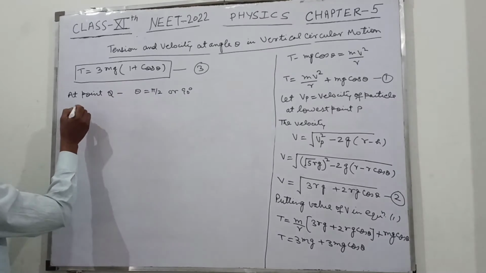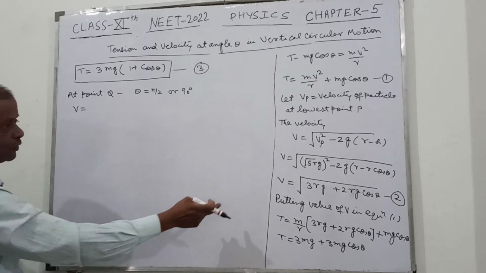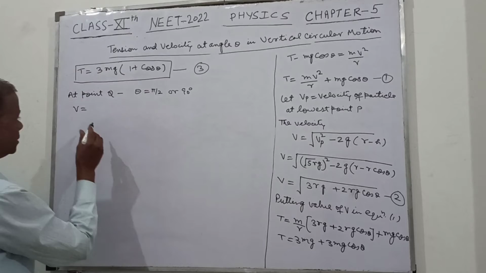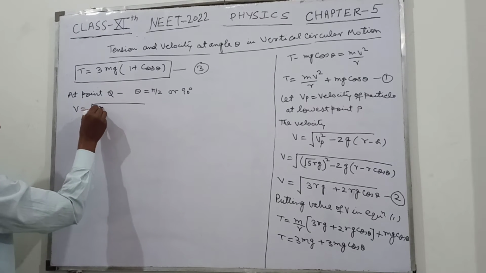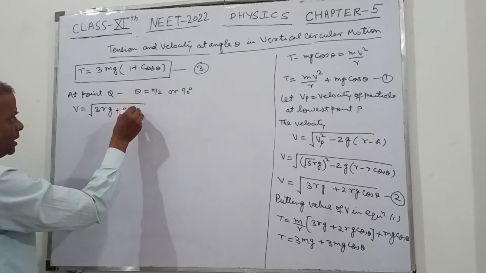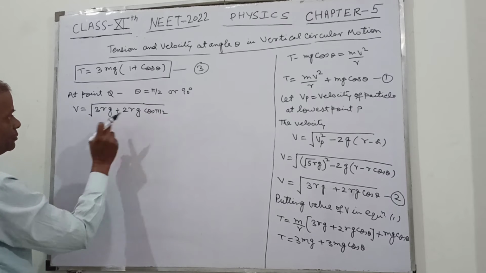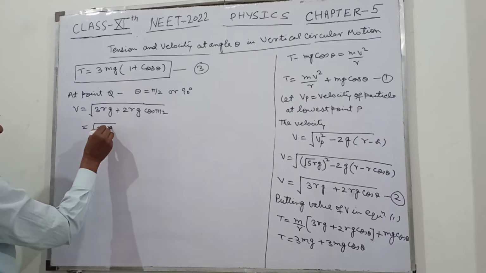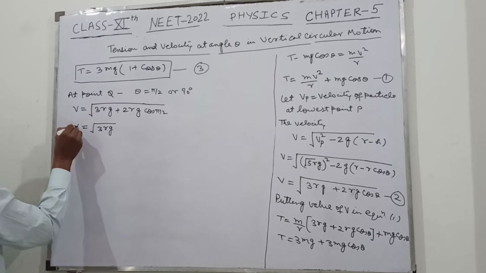So now we are having V equal to, now from here you can find, square root of 3rg plus 2rg cos pi by 2. This is now 0. So this is now square root of 3r. This is now equal to b.